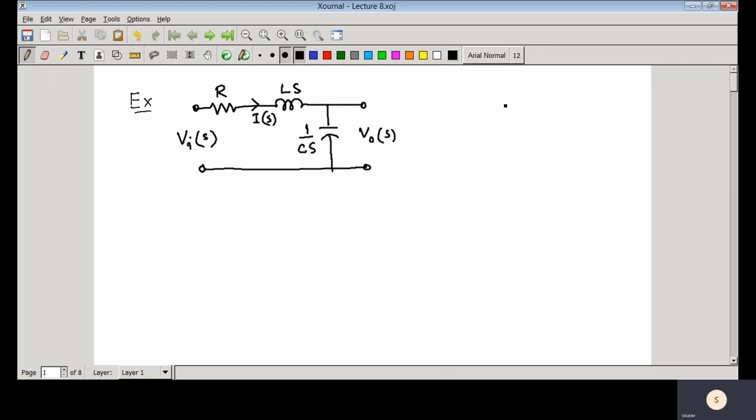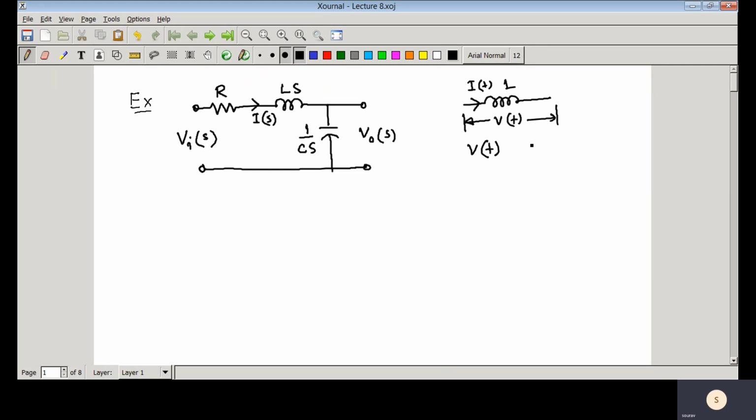I think you know that if you have one inductor, the current flowing through this inductor is i(t), and you have applied the voltage v(t) across this inductor. Say L is the inductance.